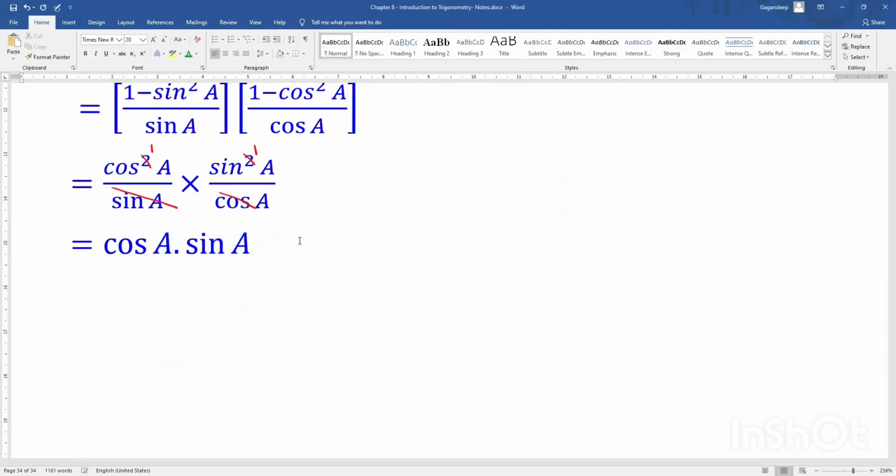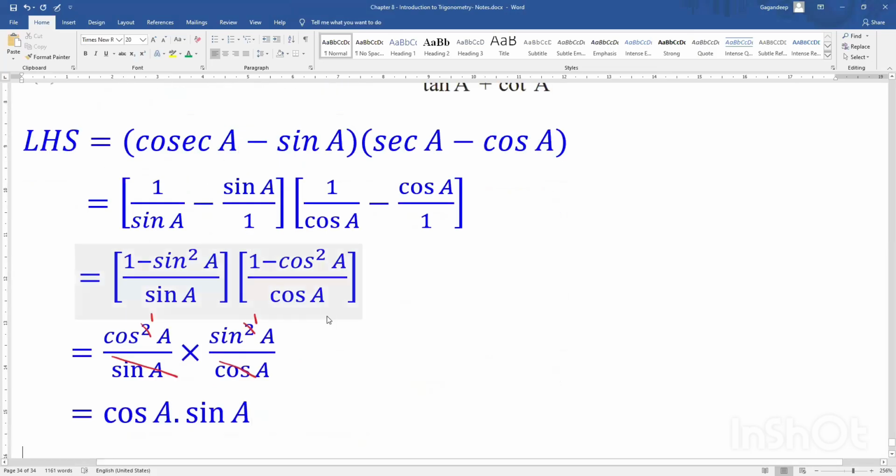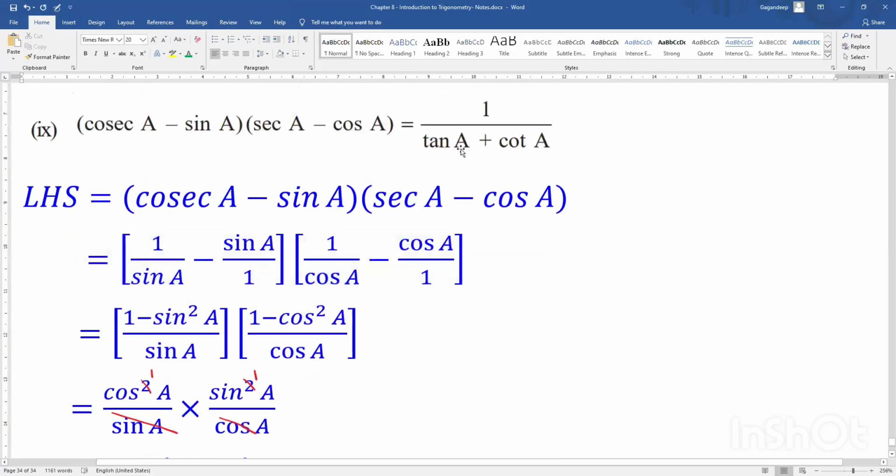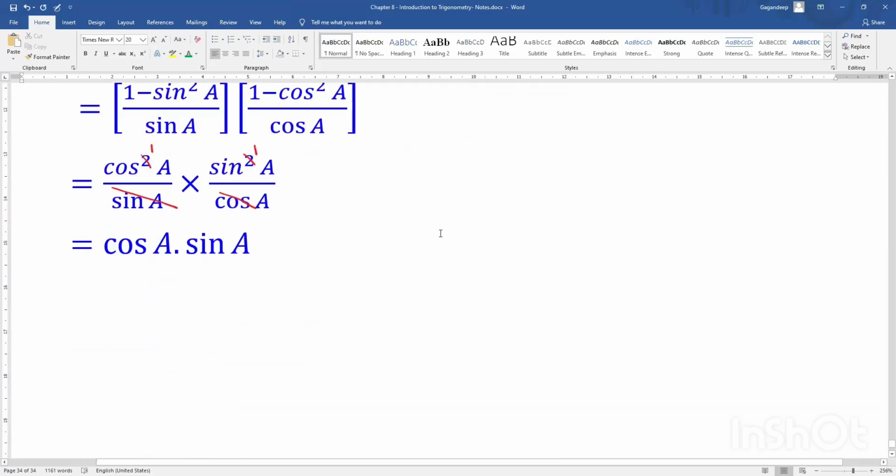Next, I'm going to take the RHS because I didn't get what is required. Actually, we need to get 1 by tan A plus cot A. So now I'm going to take the RHS part.